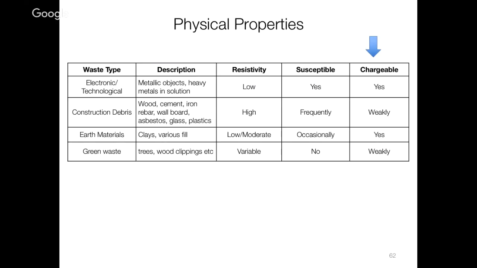The chargeability is also somewhat variable, but each of these materials could potentially be chargeable. Waste dumps with metallic objects in them are likely chargeable. Construction debris, earth materials, definitely clays, and maybe even green waste.